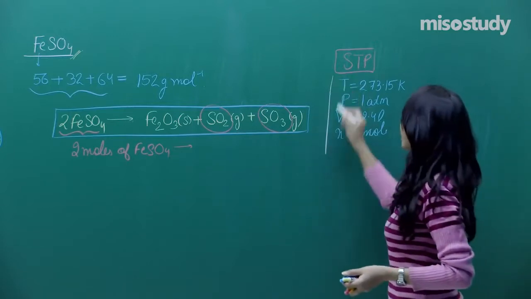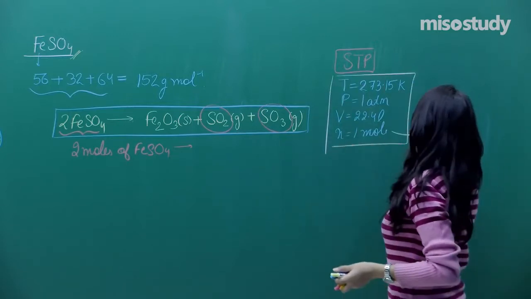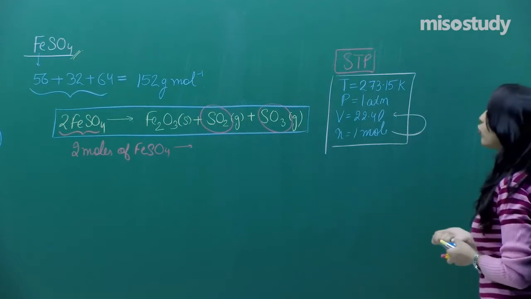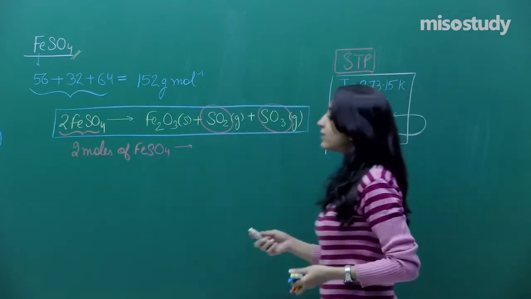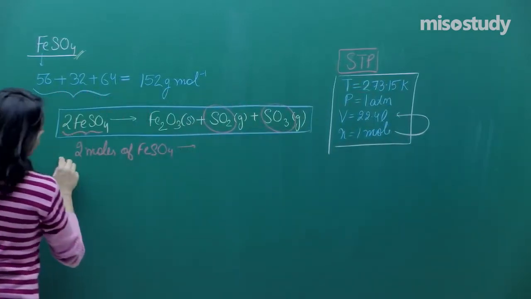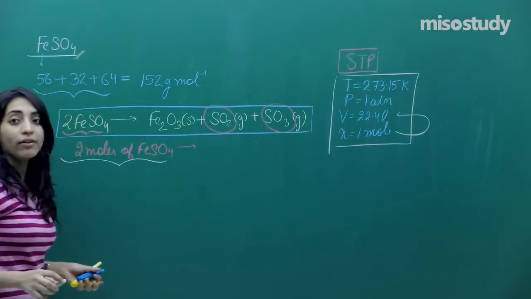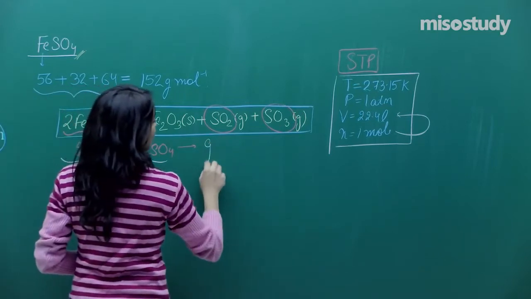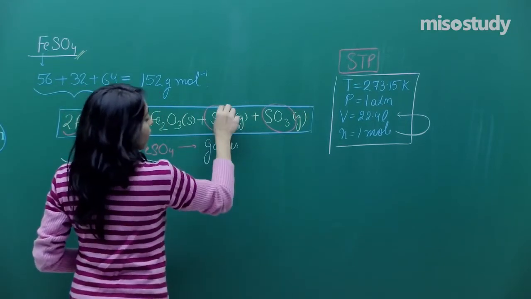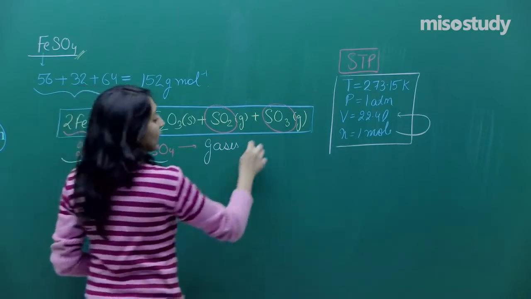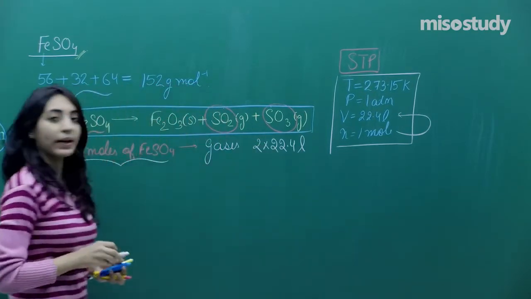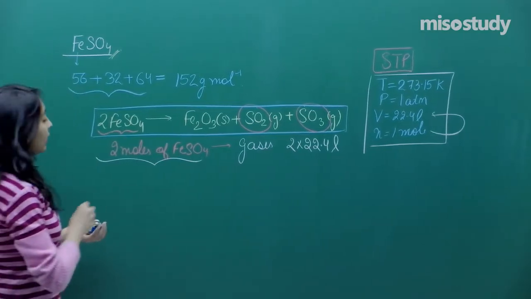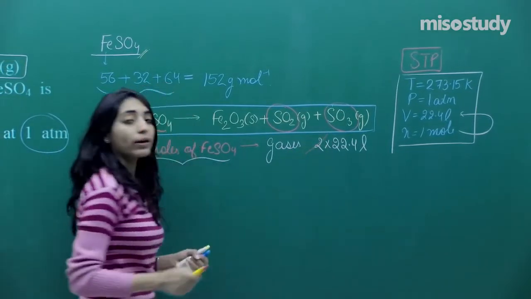So starting with 1 mole of the ideal gas, we will get the volume equal to 22.4 liters. Okay. Now what should I say? Can I say 2 moles of FeSO4 will give us how much gases? We'll get 1 plus 1 mole, that means we'll get 2 into 22.4 liters. Am I right?